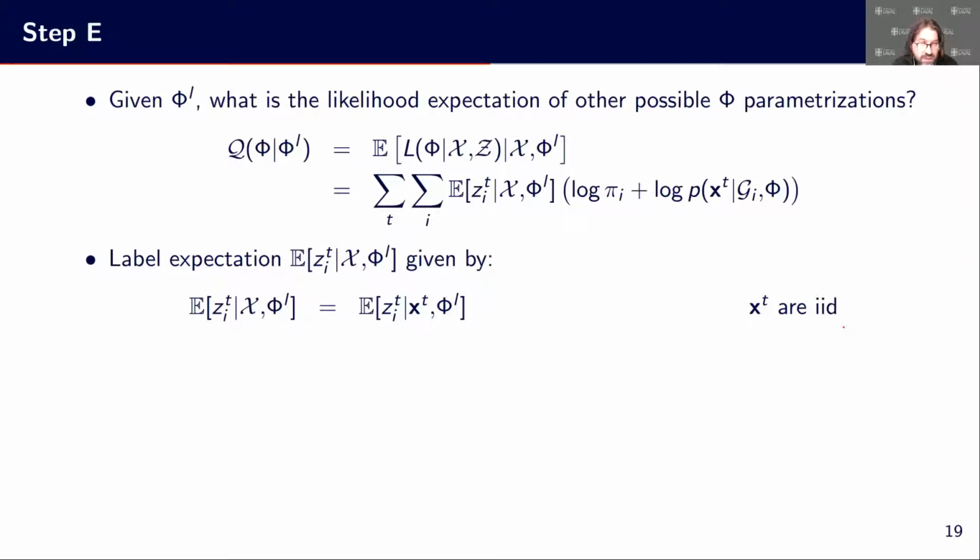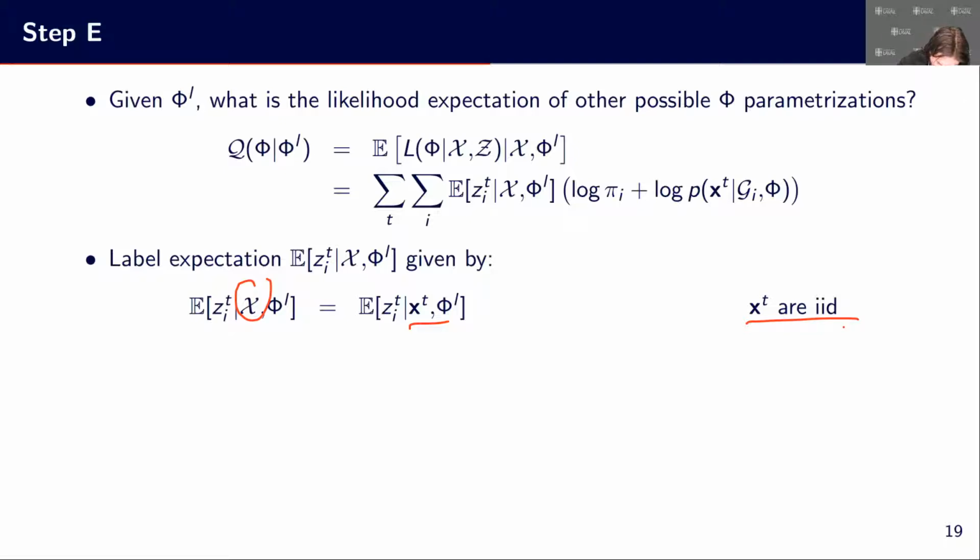So over the full data set, what is the expectation? Given that the x_t are IID, identically and independently distributed, the expectation over the full data set is the same as the expectation over each sample.